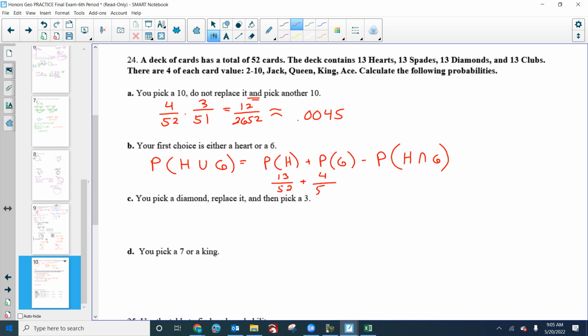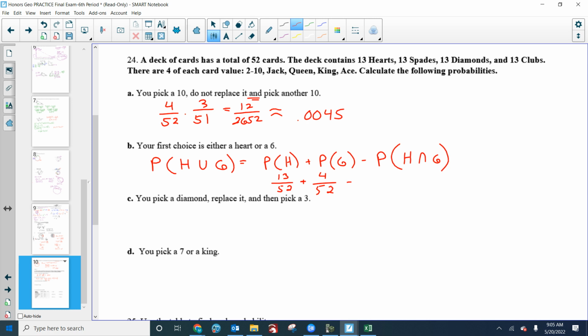4 out of 52. Is there any overlap? Is there ever a card that is a heart and a 6? Yes. That 13 hearts, we counted the 6 of hearts, didn't we? And of those 4 6s, one of them was the 6 of hearts. So we counted it here and we counted it here.